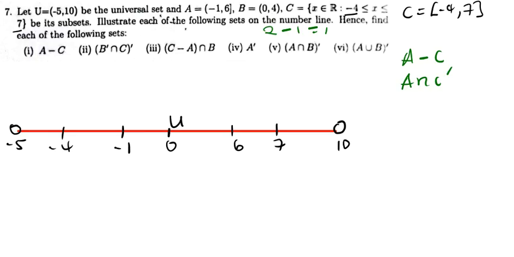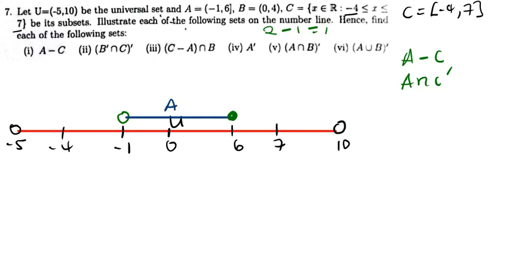So in A we are removing C. That's why it's A intersection C complement. Now I need to draw A, because in A there is no complement. So A is going to be the way it is, starting from -1 not included all the way to 6. 6 is included. That is my A. I'm going to put a line to show that this is my A.